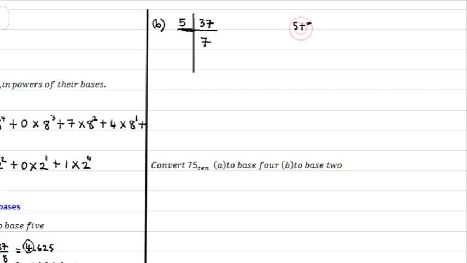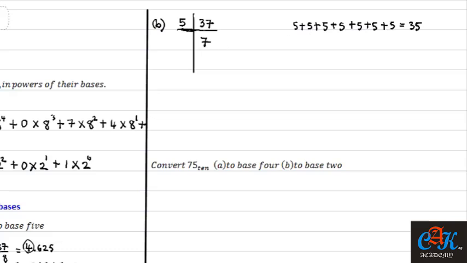If you say 5 plus 5 plus 5 plus 5 plus 5 plus 5 plus 5, this will give us 35. If you add another 5, it will give us 40, so it has exceeded 37 and we are not going to add another 5. How many 5s do we have? 1, 2, 3, 4, 5, 6, 7. So that's 7. Similar to saying 37 divided by 5, it will give us 7 point some decimal.